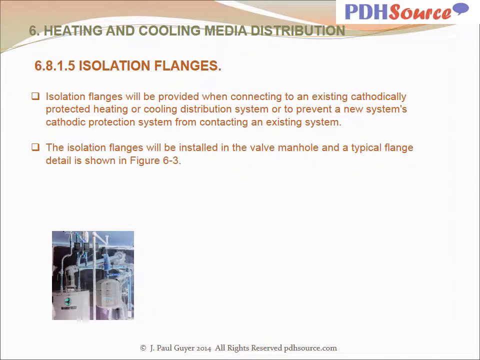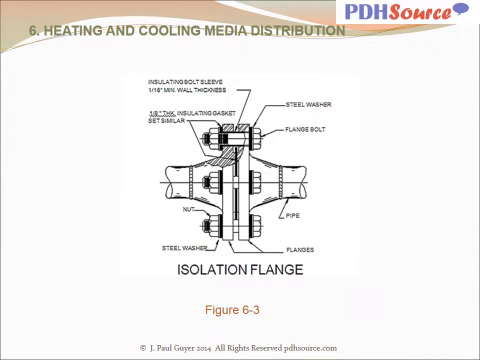Isolation flanges shall be provided when connecting to an existing cathodically protected heating or cooling distribution system or to prevent a new system's cathodic protection system from contacting an existing system. The isolation flanges will be installed in the valve manhole, and a typical flange detail is shown in figure 6.3.